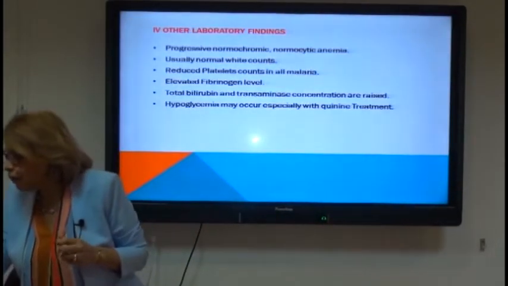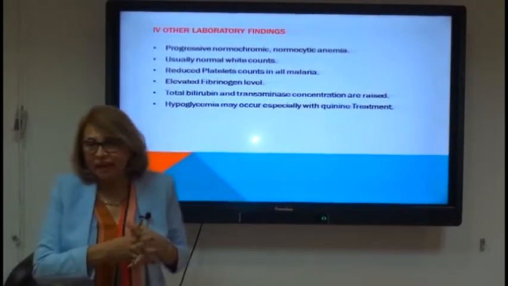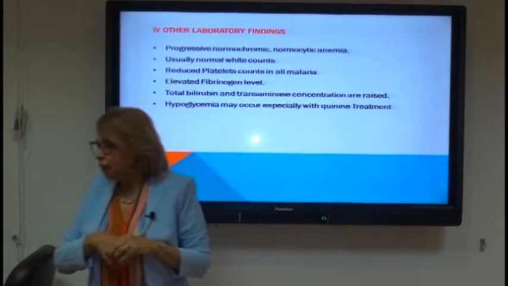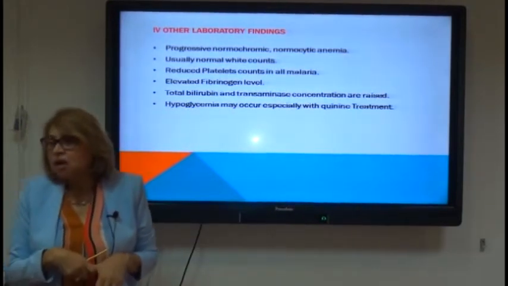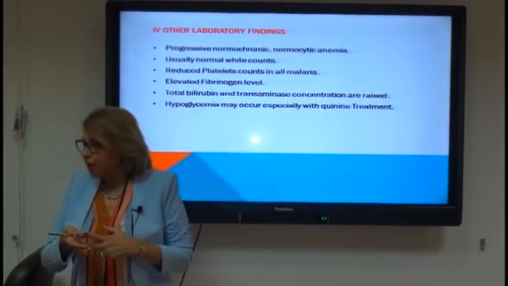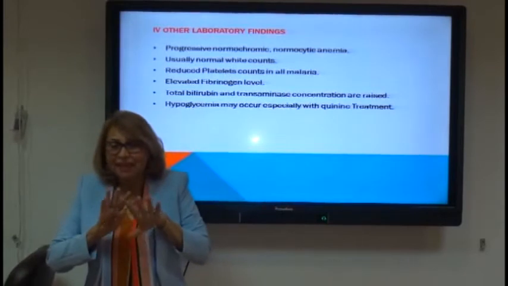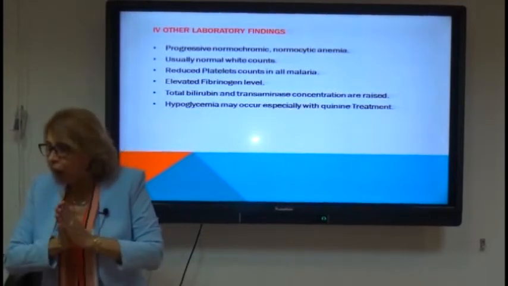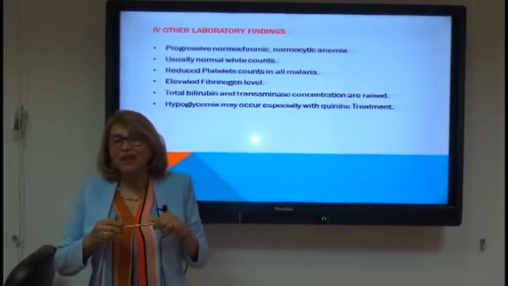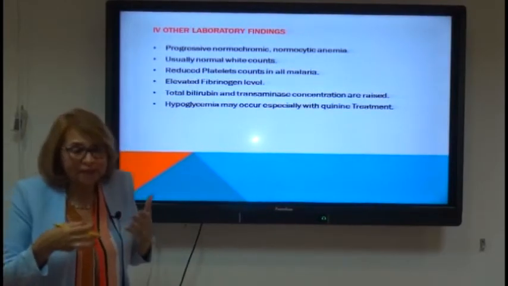There are other laboratory techniques. Besides the hemolytic anemia, there is a normocytic normochromic anemia. The platelets are reduced, but the fibrinogen is elevated. The bilirubin and the transaminase concentration are raised because the liver is affected.